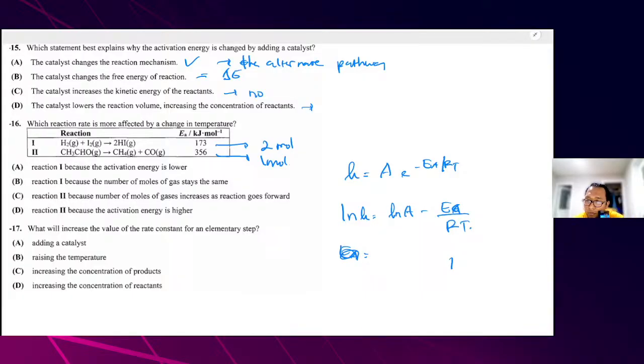If we have greater EA, it will increase the rate of reaction. So which one is the greater one? Greater EA is more sensitive to temperature.